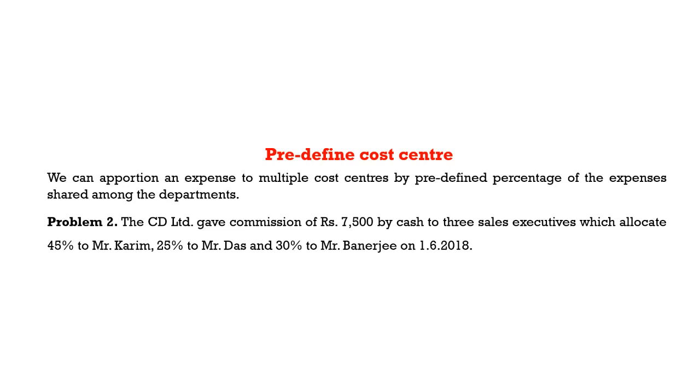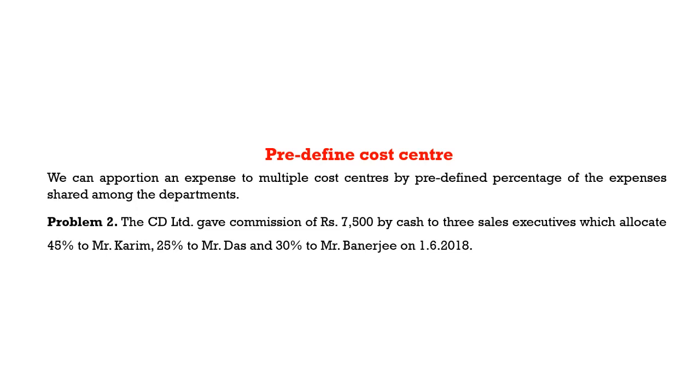First of all, we have to learn how to assign all those percentages. Then we will see, if I pass a voucher entry for a particular amount, how this amount is allocated among all those cost center heads automatically. That's the learning objective from problem number 2.